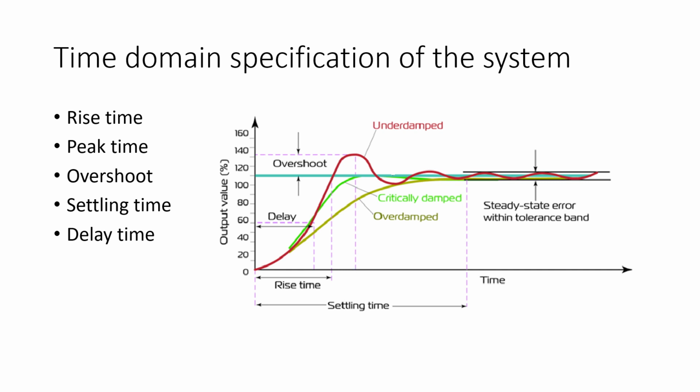Overshoot. Overshoot is denoted by Mp, and it is the deviation of the response at peak time from the final value of the response.